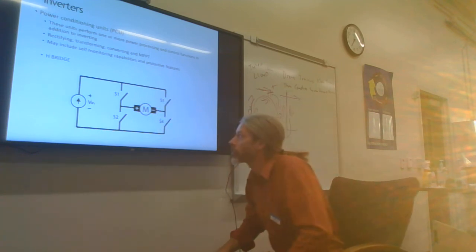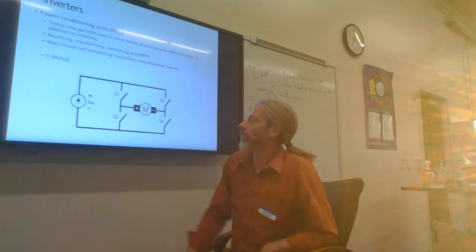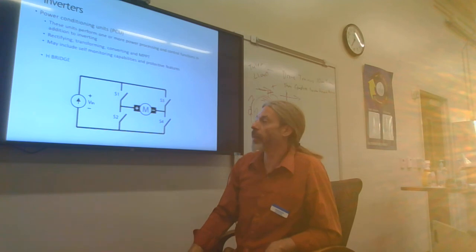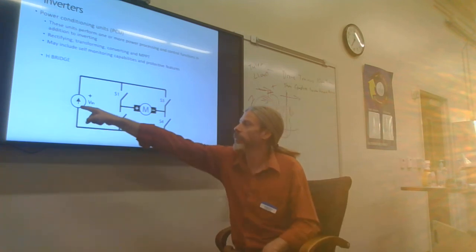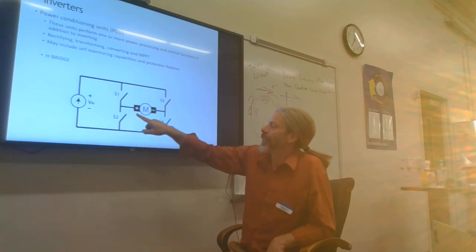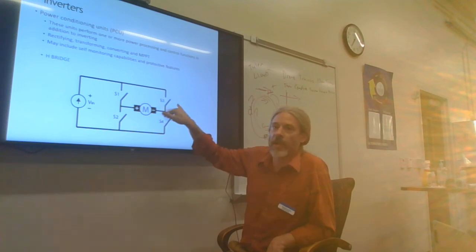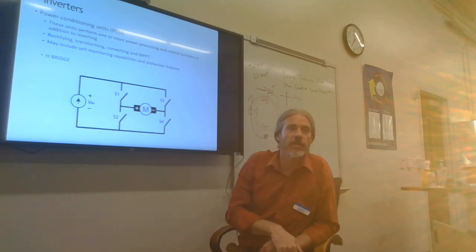All right. And so in this, I've got positive and I've got negative. I'm going to follow the flow of electrons from the negative, and they get to here. S2 and S3 operate simultaneously. S1 and S4 operate simultaneously.